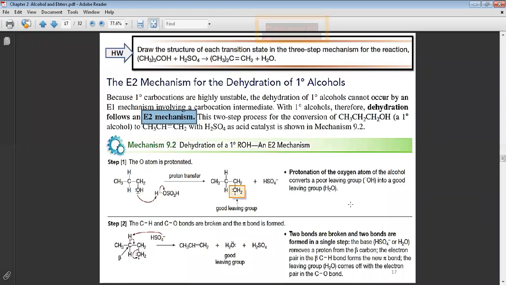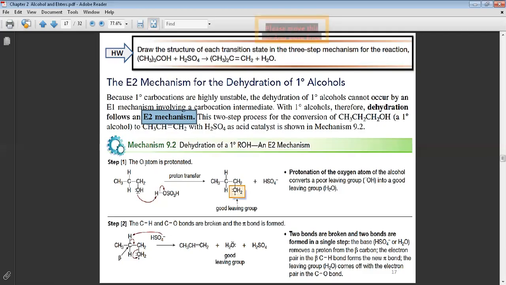Dehydration of a primary alcohol by the E2 mechanism is without carbocation, just protonation. The first step is protonation. In the second step, the conjugate base, the nucleophile, attacks the beta hydrogen to make a new pi bond and removes OH2+ as an H2O molecule to give you the alkene.